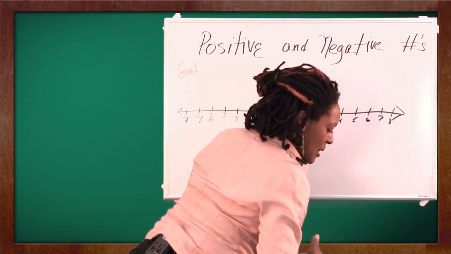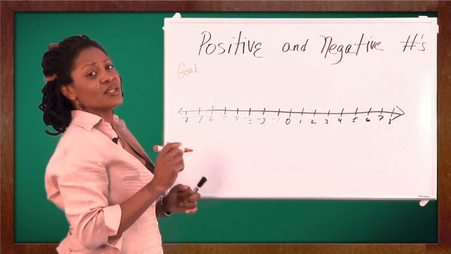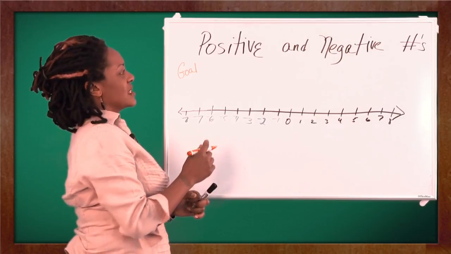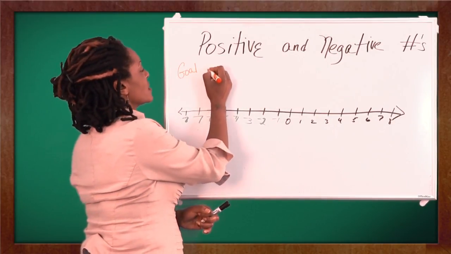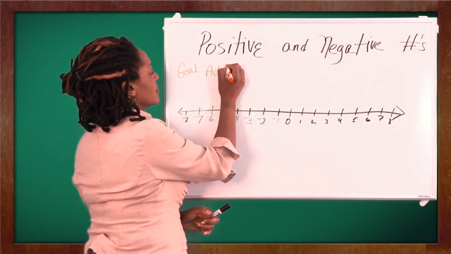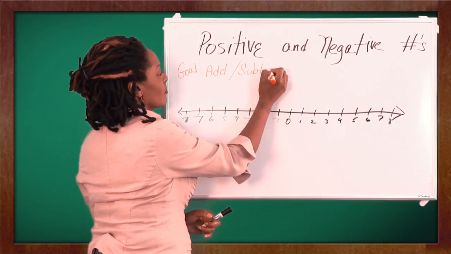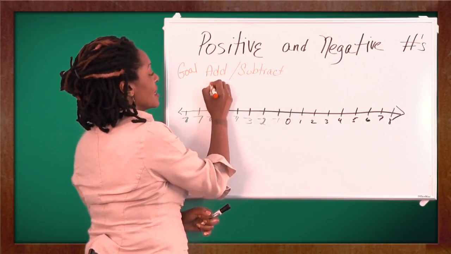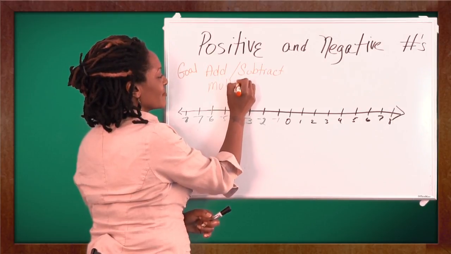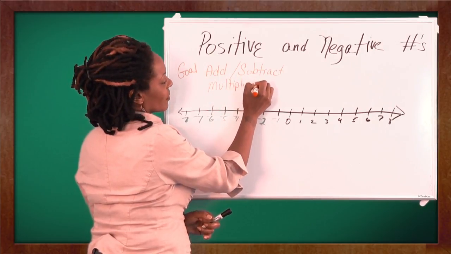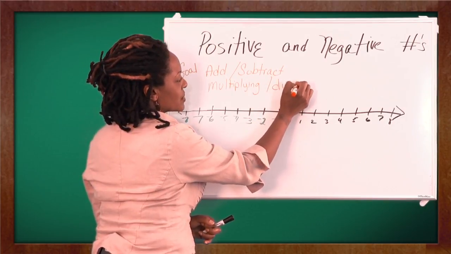I'm going to use my black marker. Here I wrote the word goal because we should always know where we're going with this lesson. So here the main heading is positive and negative numbers, and our goal is to add and subtract the numbers, and then understand the rules of multiplying and dividing these numbers.